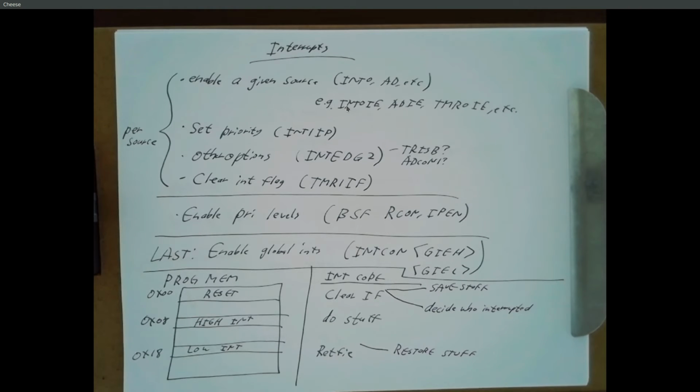But if your main program is doing a bunch of stuff and it's using the W register and the status bits and file register 18 and all this other stuff, anything that you change in the interrupt routine, you've got to change back before you exit, including the W register, including the Z bit, all that stuff. So if your general code is doing stuff, you need to save things in the beginning and then restore them at the end.